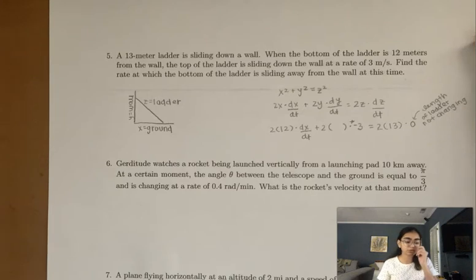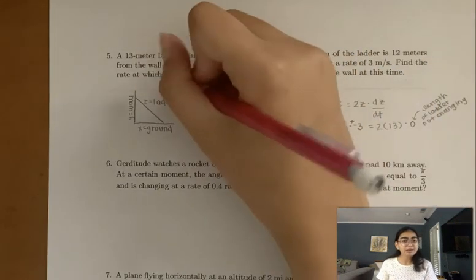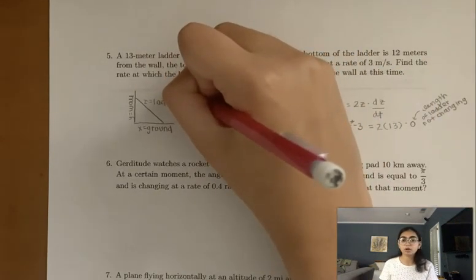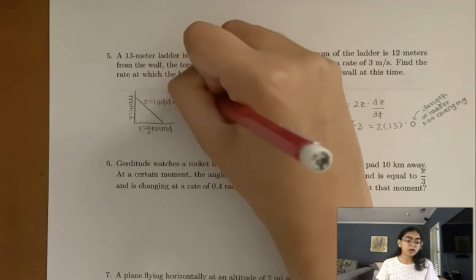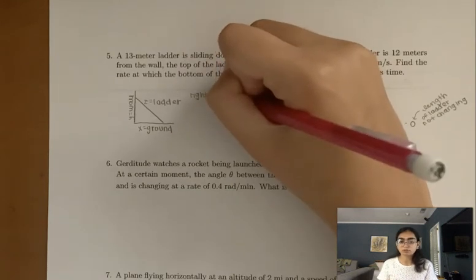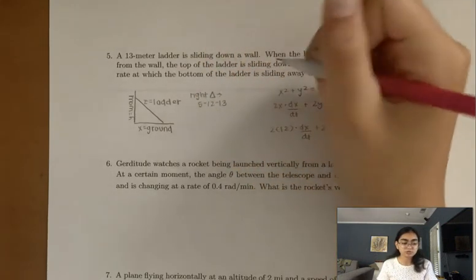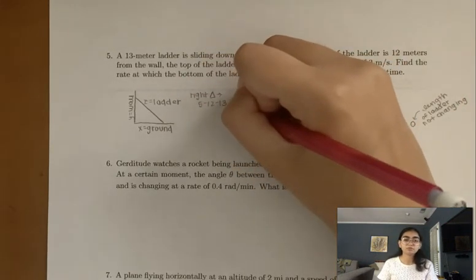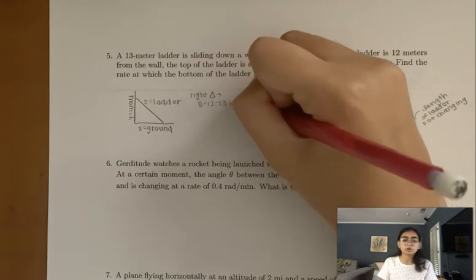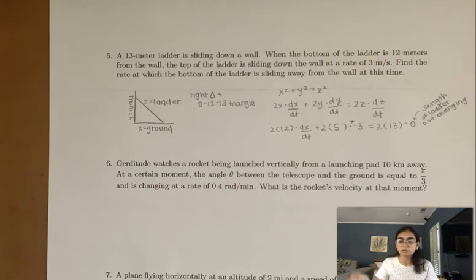Now we're going to find what the y value is. To do that, we can use the Pythagorean theorem. But also, if we recognize that the ladder sliding down the wall forms a right triangle, and if we've memorized our usual right triangle side lengths, there's such a thing as a 5, 12, 13 triangle, where if two sides are known, the third side is going to be the third value.